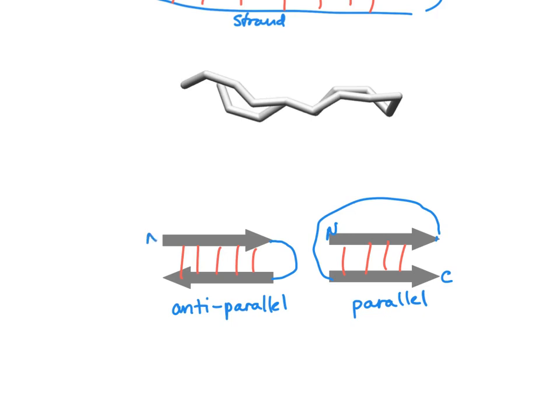Over here, on the other hand, with the anti-parallel, you have the N, and it comes and goes around, and you could have the C terminus right here. So I want to tell you that you can have anti-parallel and parallel strand interactions in the same protein. In fact, you can have them in the same sheet. So we're going to see examples of that a little bit later.